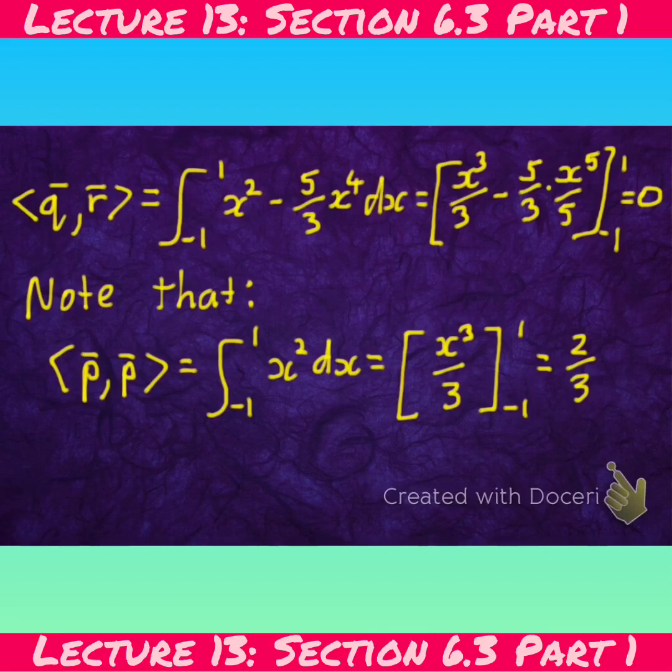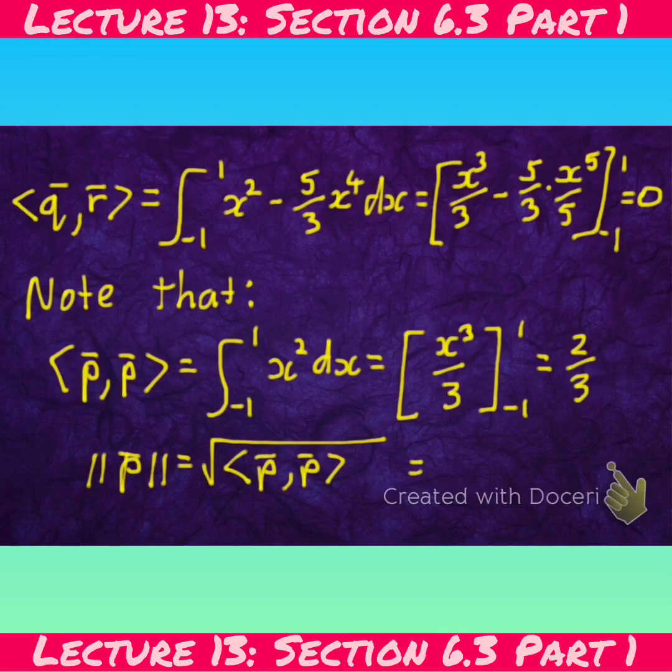So the norm of p, remember, is going to be the square root of the inner product of p with itself, and that is going to be the square root of 2/3.